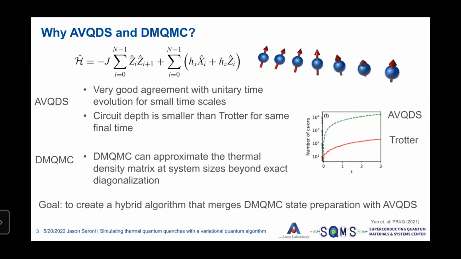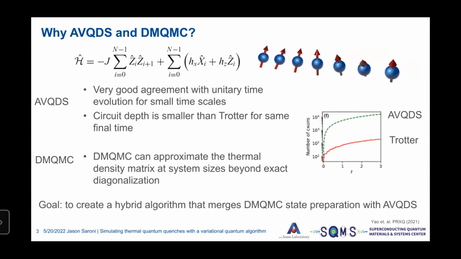So why bring together AVQDS and DMQMC? AVQDS gives very good agreement with results that you'd expect using exact unitary time evolution for small time scales. Also, the circuit depth from AVQDS is much shorter than that from naive Trotter simulations for the same final time, by about 2 orders of magnitude, as one can see from the picture on the right.